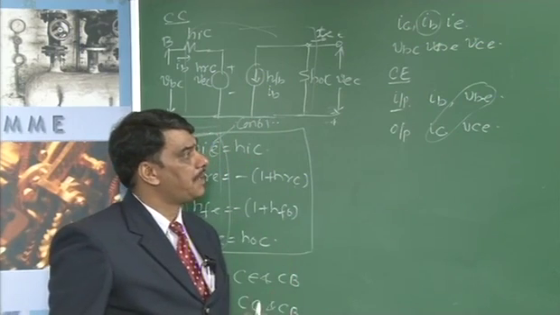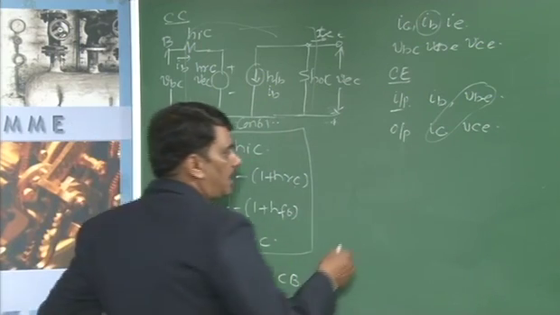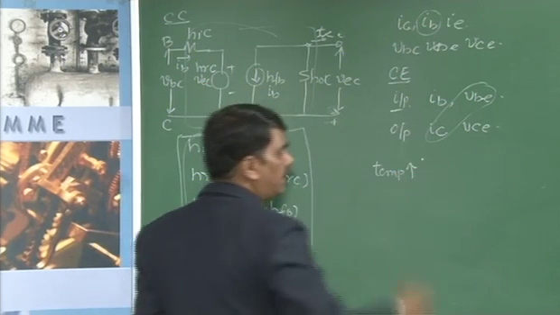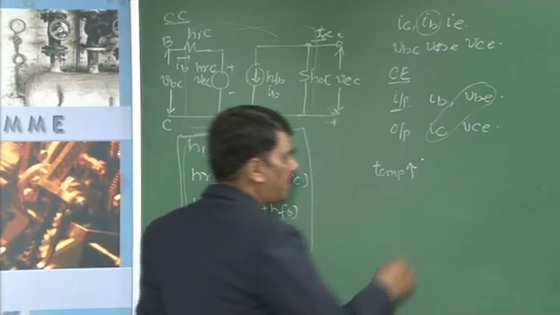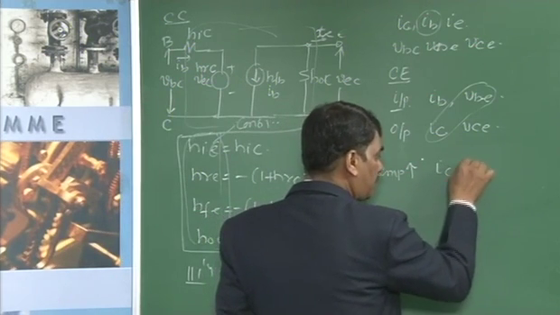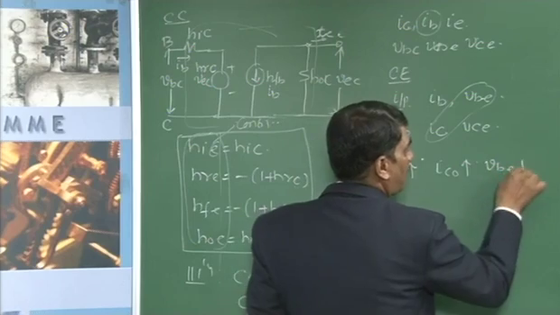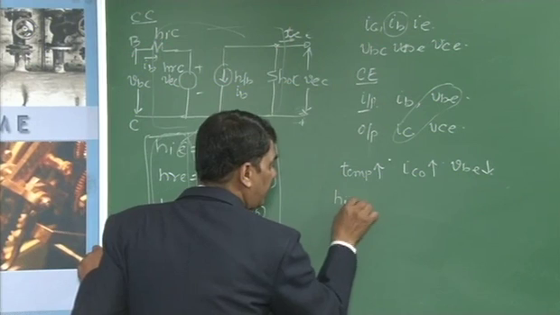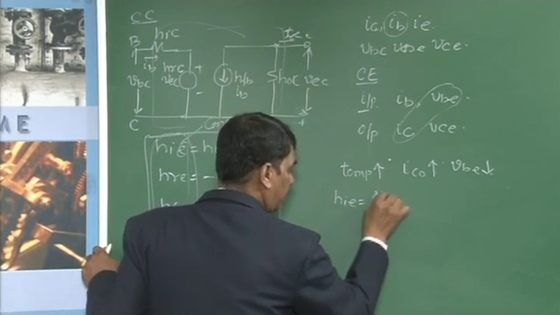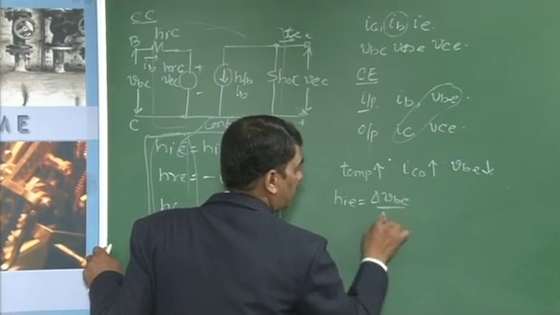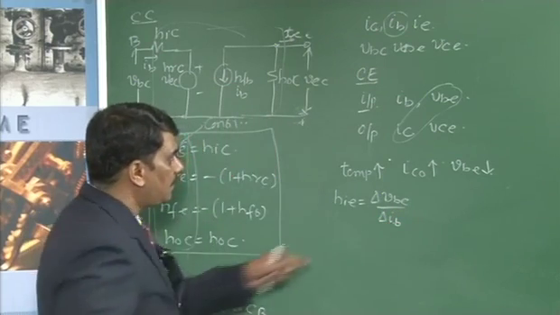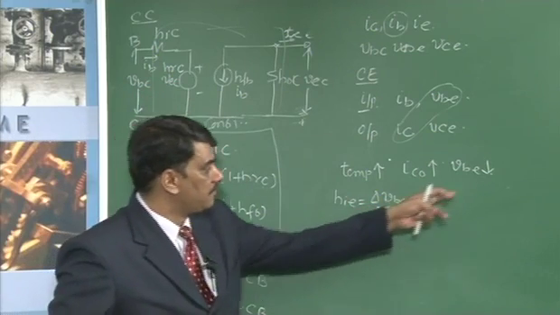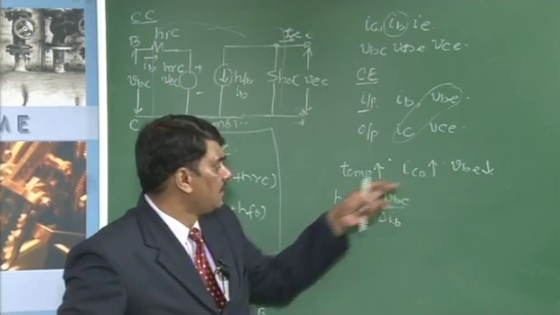Then what is the relationship between them? We know that as the temperature increases, the reverse saturation current ICO also increases and VBE decreases. By definition, HIE is equal to delta VBE by delta IB. The input current IB depends on the applied voltage, but VBE depends on the junction voltage.